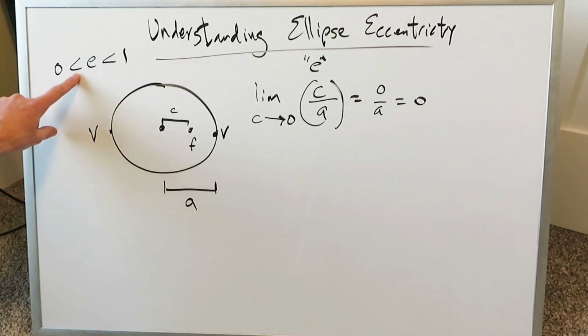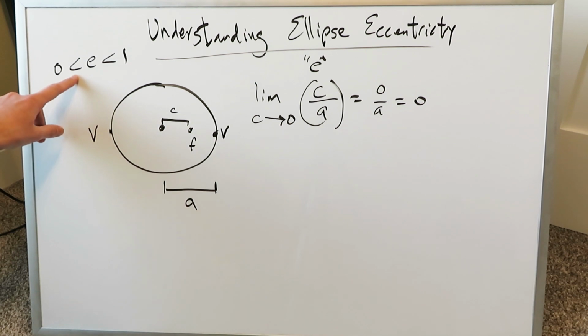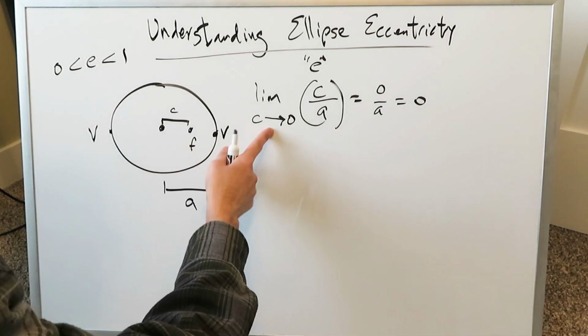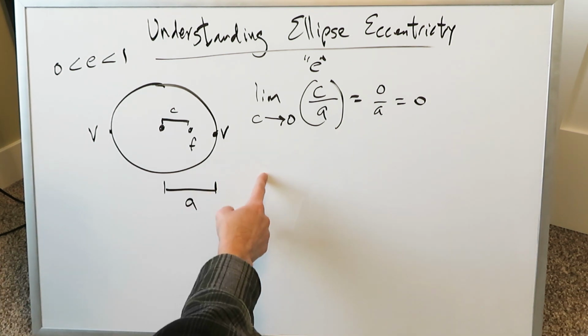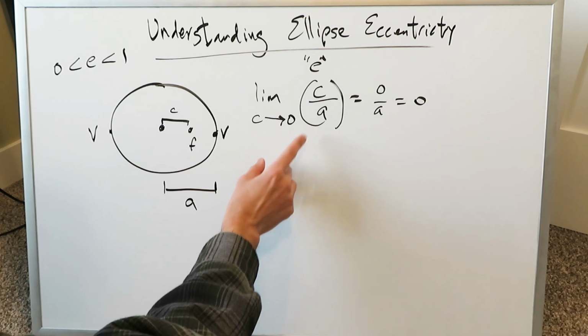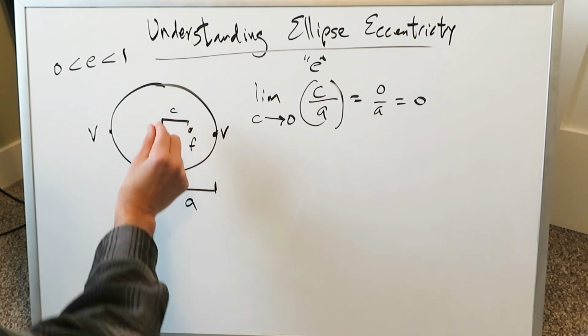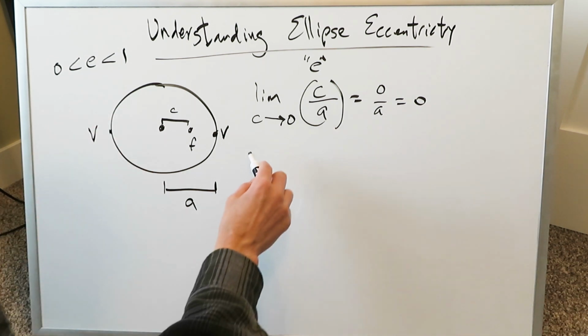Of course, we're violating this range over here because now we're actually making something equal to 0, but it cannot be equal to 0. But we can view it as something approaching 0. This limit here very clearly tells you that as C, the distance from your center to your focal point, decreases, your entire eccentricity approaches 0 and you become more circular. You'll start looking more like a circle and less like an ellipse.